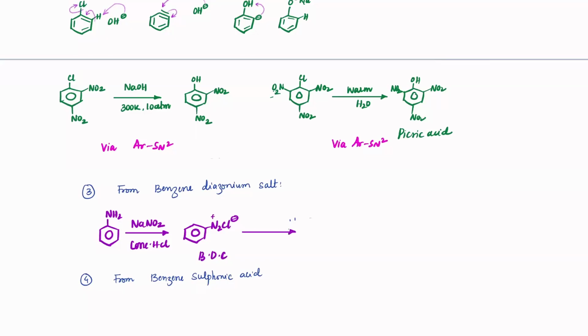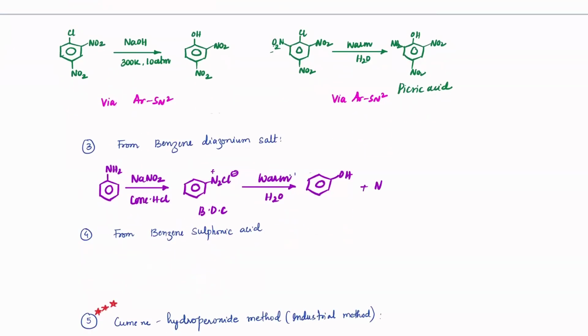Benzene diazonium chloride, on treating with warm water, will convert into phenol, plus N2, and of course plus HCl also. This is the phenolic form which you will get. Here, the mechanism typically goes via AR SN1.